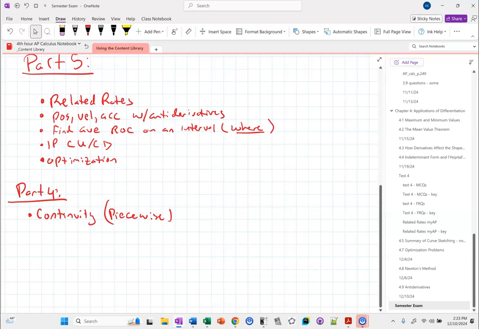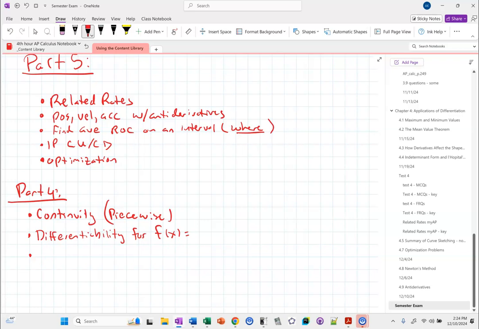So in part 4, you should be able to show continuity in a piecewise function. So you should be able to show differentiability, or at least give the intervals where a function is differentiable.